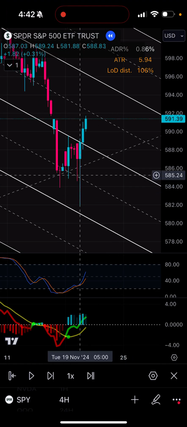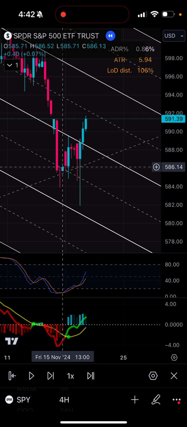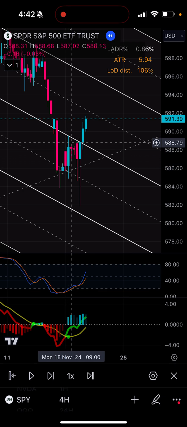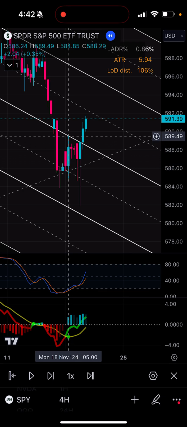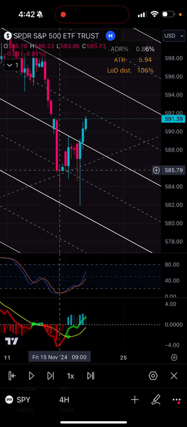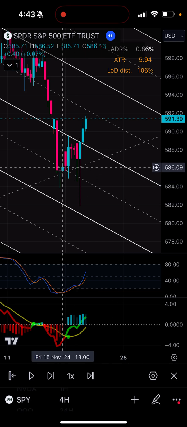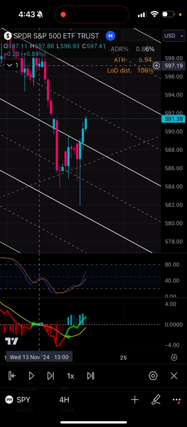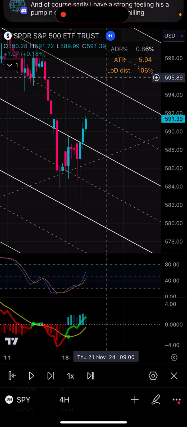I would have actually longed it right here at 586, up to trend here. Why? Because you actually had a full drop like this. You had a super tiny bear candle, and you actually had a 4-hour candle close above the open of this bear candle. So this would have been my confirmation, when you see a big drop like this or a big push to the upside.